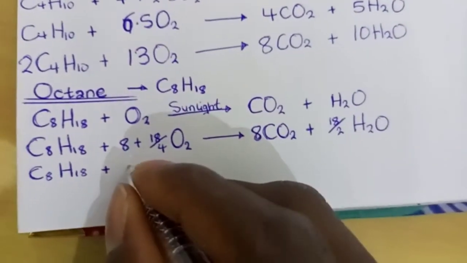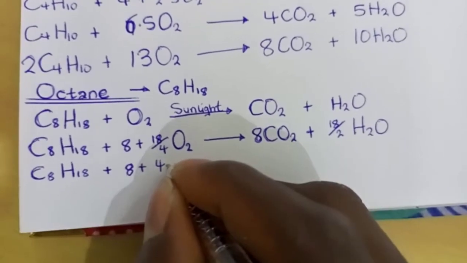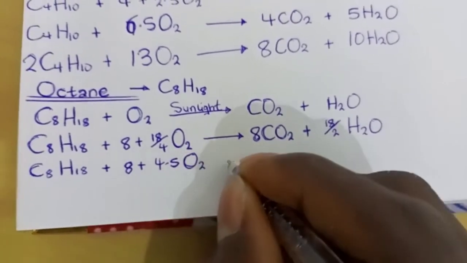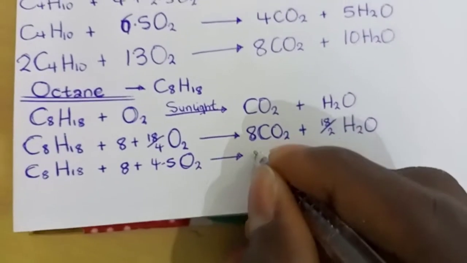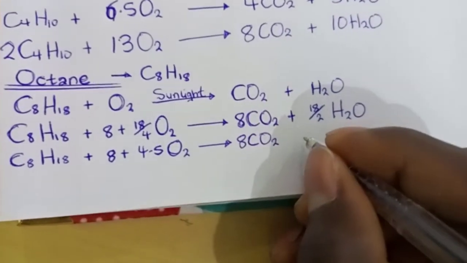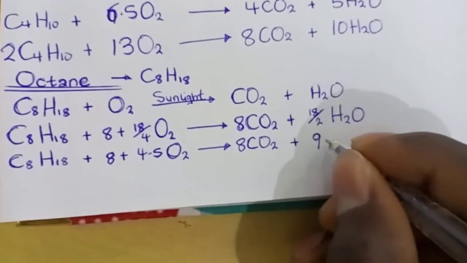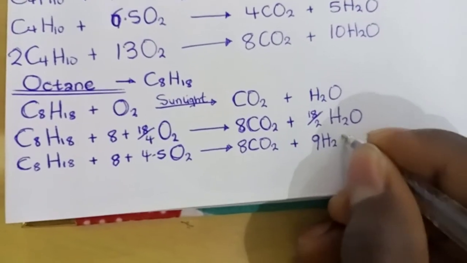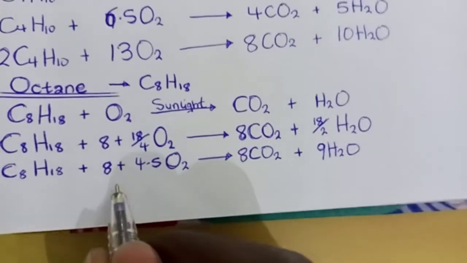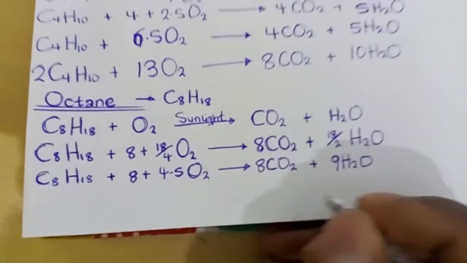So that is 8 plus 4.5 oxygen. 18 divided by 2 will give us 9. That is 9 H2O. So here, for us to remove this decimal, we should multiply everything by 2.